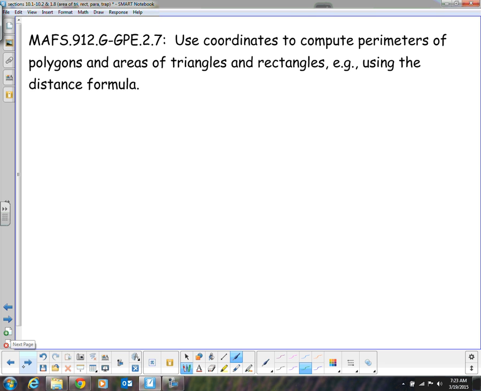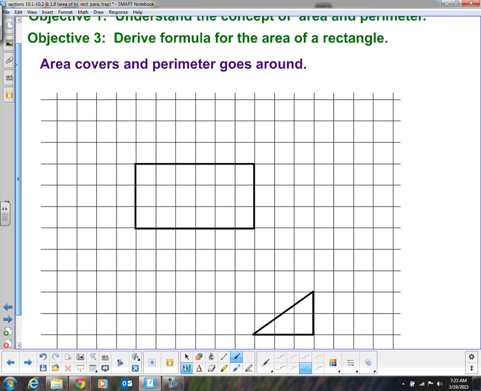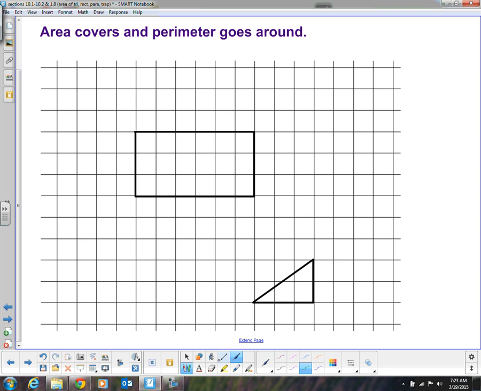All right, so we're going to do perimeters and whatnot. Area covers, perimeter goes around. Put this in your notes. Area covers: carpeting, hardwood floors, porcelain tile. Perimeter goes around: baseboard molding, decorative edging on a garden, fence in the yard.